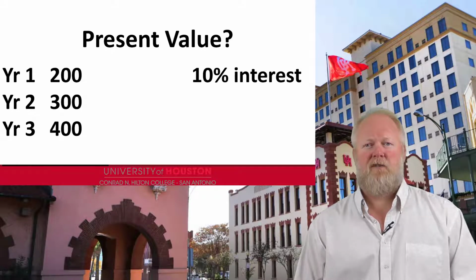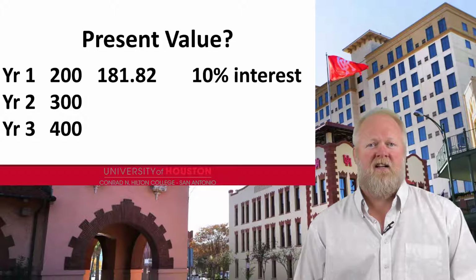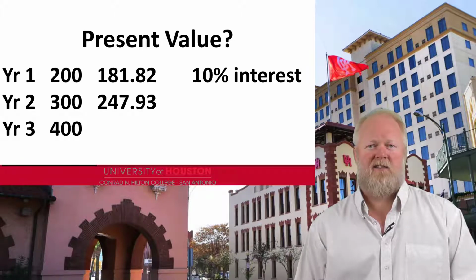Well, there's a couple ways we could look at it. We could take each one of those sums and put them into a present value. So we could say the present value of $200 1 year from now with 10% interest is $181.82. And the present value 2 years from now of $300 at 10% interest is $247.93.